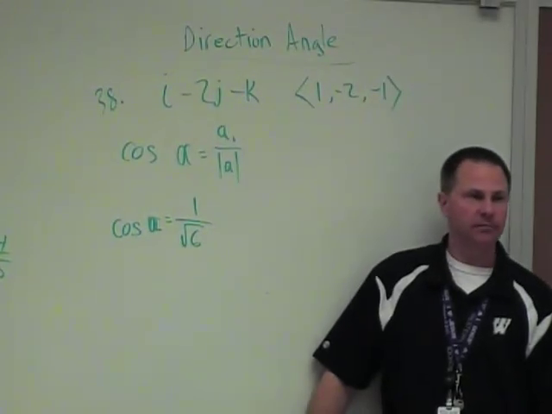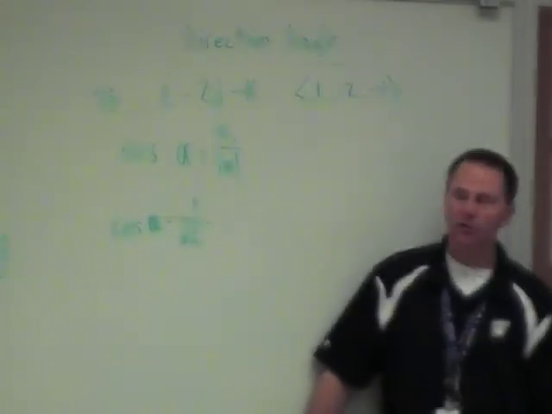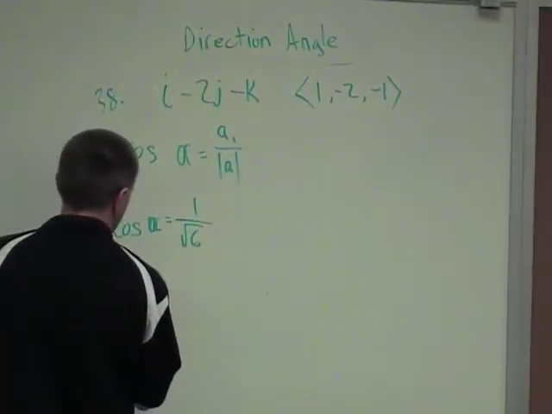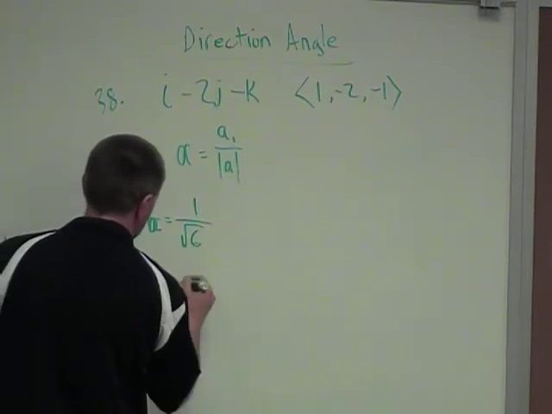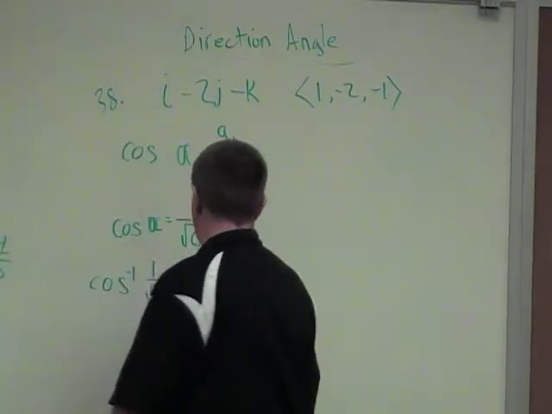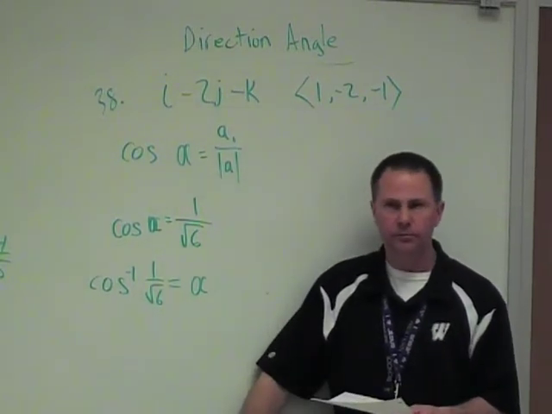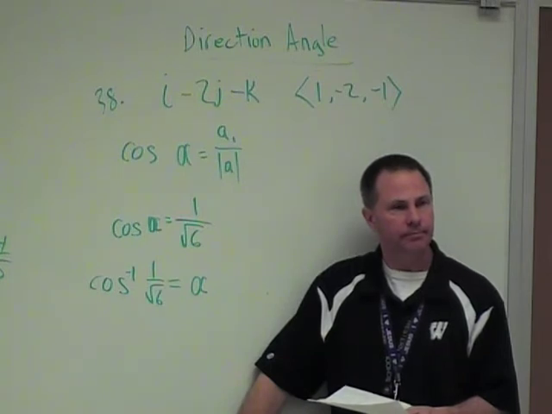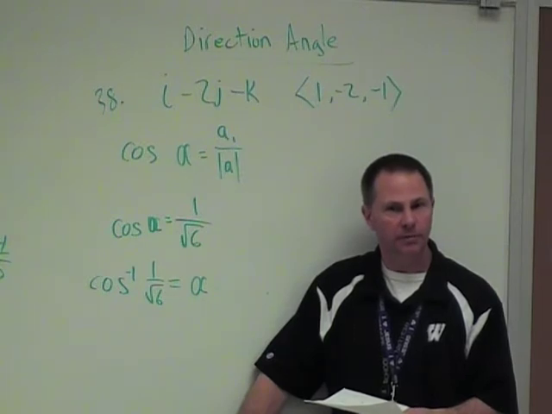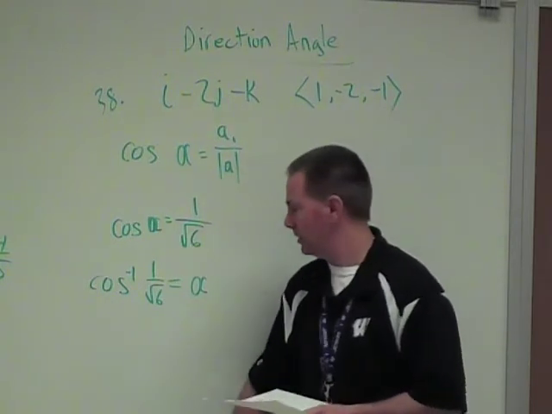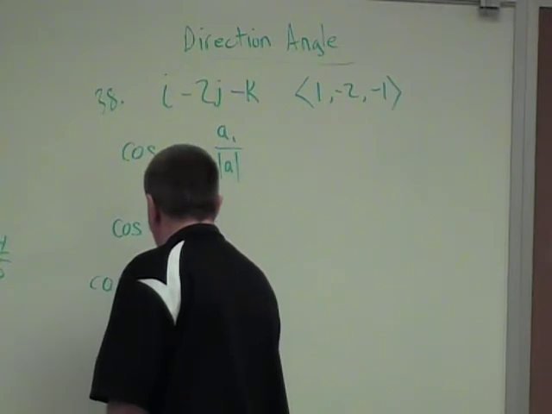So what's that degree? You do the same thing you did down there, you take the arc cosine. So the arc cosine of 1 over radical 6 equals your alpha, which is what? What'd you get? Around 66 degrees?